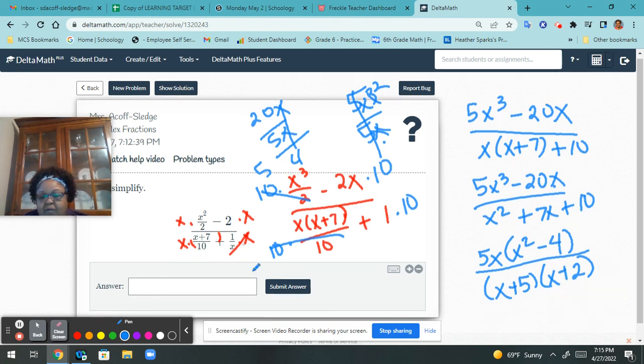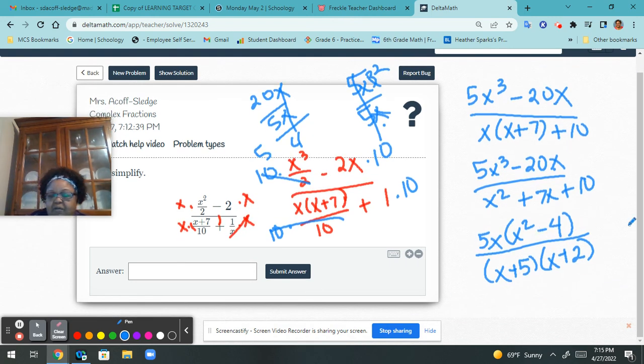So now I've got one more step. I got to factor that one. So it's going to be 5x times x plus 2 times x minus 2, over x plus 5 times x plus 2. And you see those two cancel out.